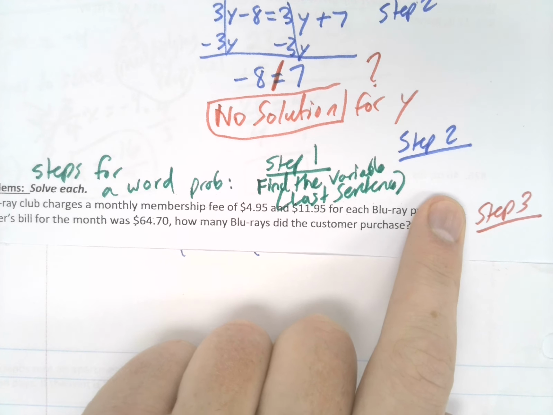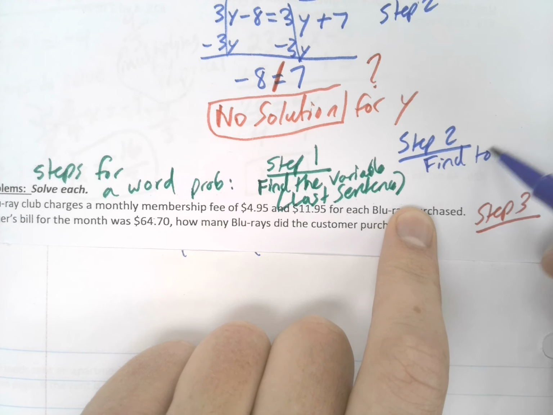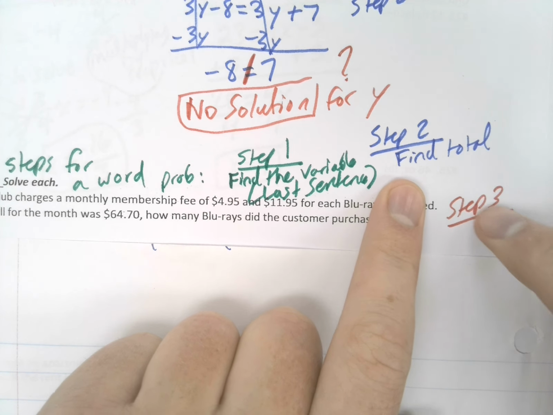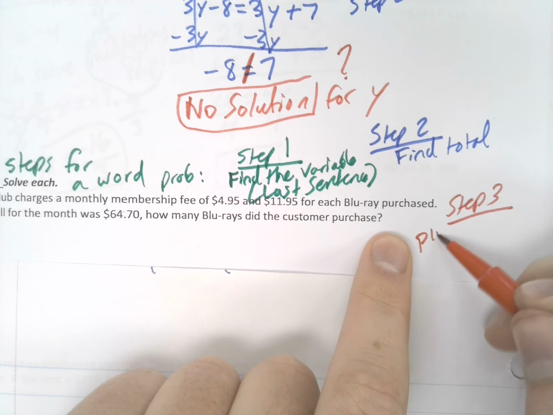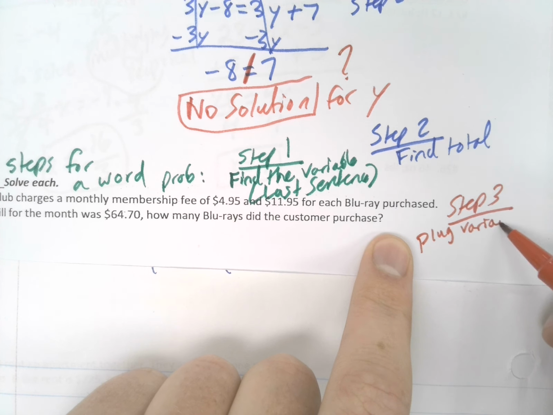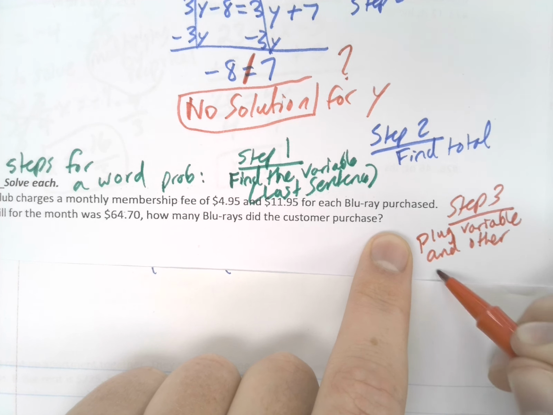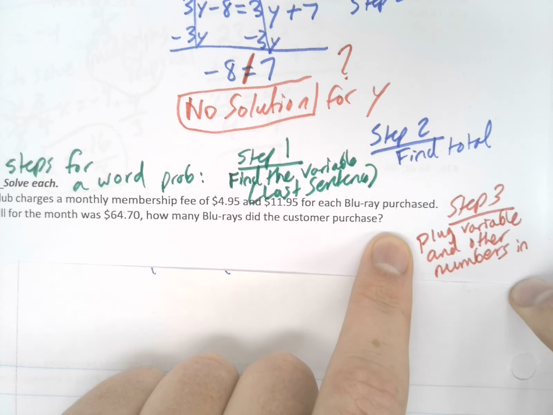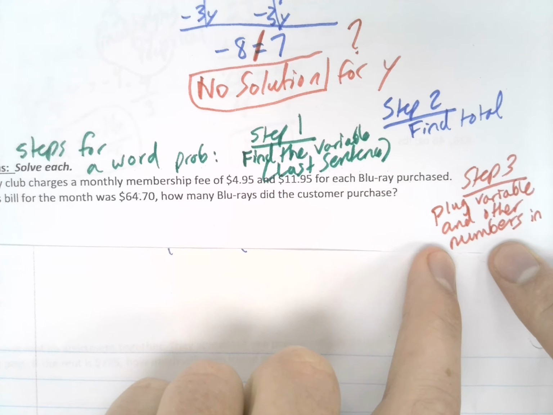Step 2, we need to find the total. Usually they give us a total. We need to figure out what's going to go on one side of the equation, usually by itself. And then step 3, plug the variable and the other numbers in. So those are our 3 steps.